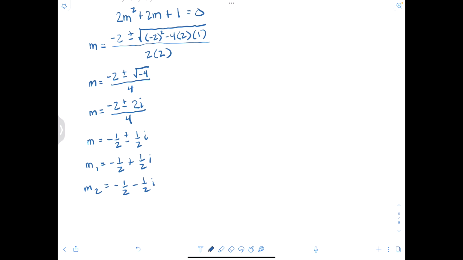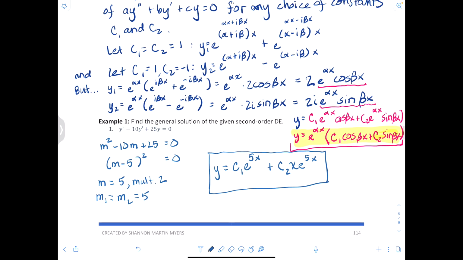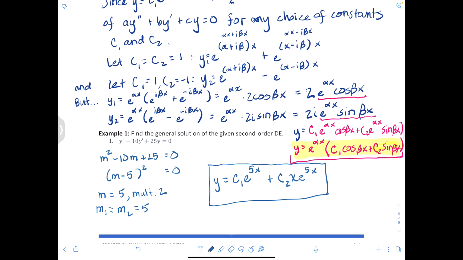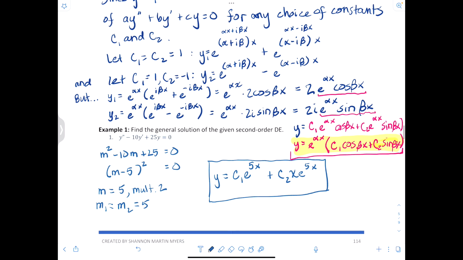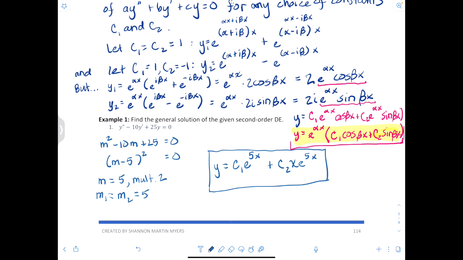Which answer applies? Well, the only one that had imaginary things going on with it was this guy here, where you have e to the alpha x, and the beta is going to go along with the angle x.